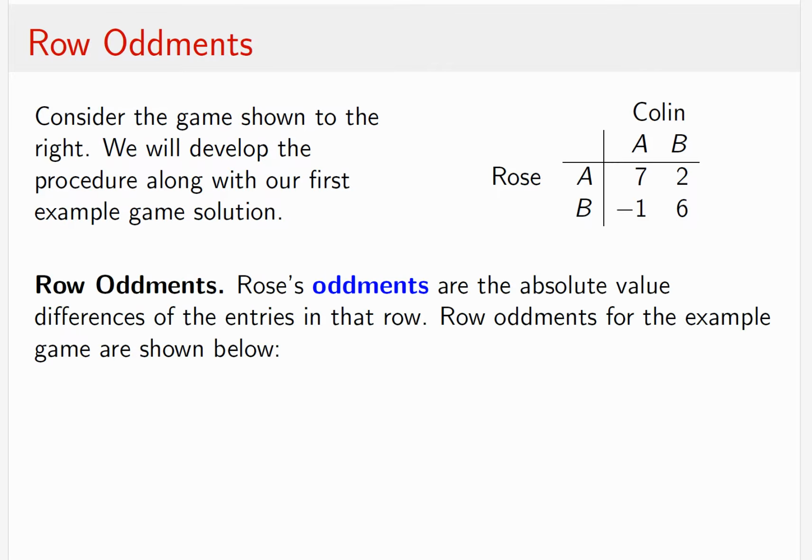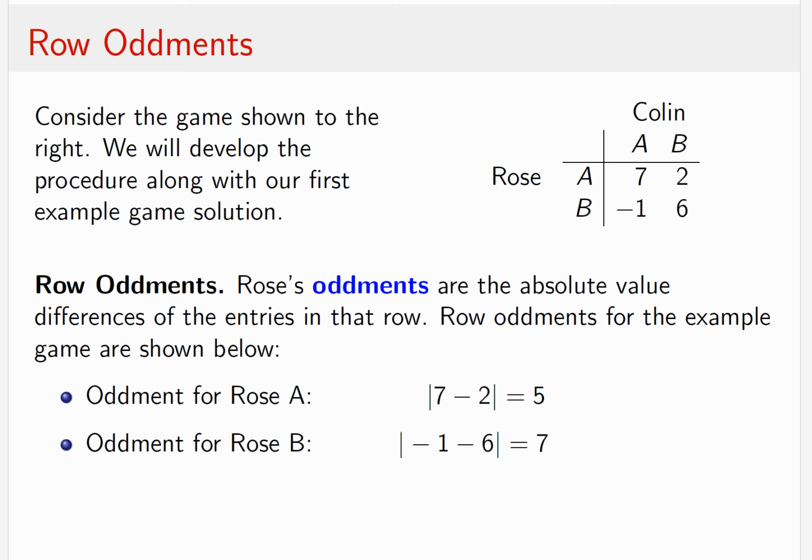So again, the oddments for rows A and rows B are just the absolute value difference of the outcomes. And it's important to remember to do the absolute value of the difference. I just did it up above, but here we go. 7 minus 2 is 5, and the absolute value of negative 1 minus 6 is 7. Okay, and then what do we do?